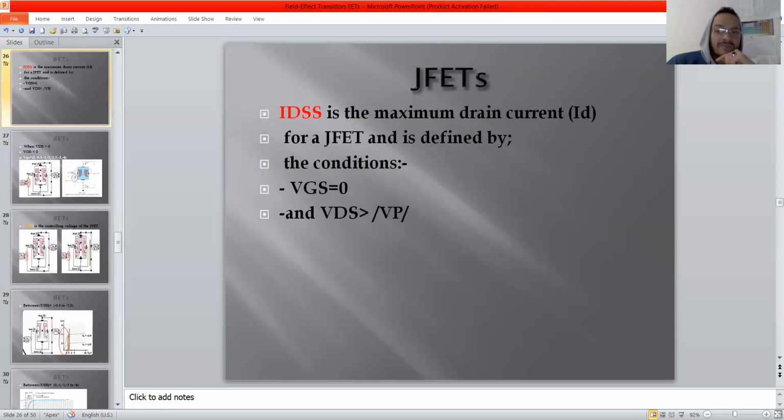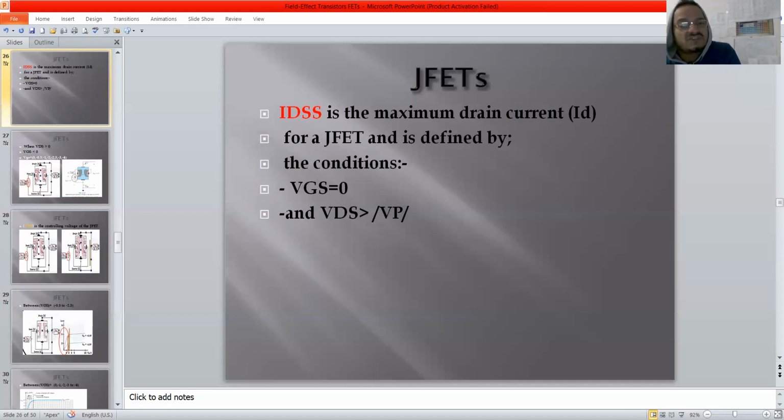Therefore, the result of applying negative bias to the gate is to reach saturation level at a lower level of VDS, drain source voltage, to reach a lower saturation level. The resulting saturation level for drain current has been reduced and in fact will continue to decrease as the gate source voltage is made more and more negative.